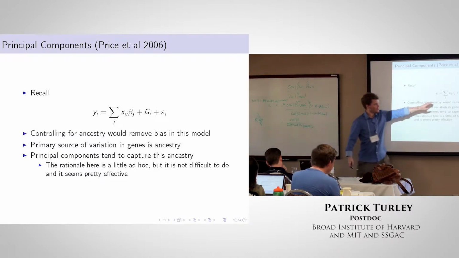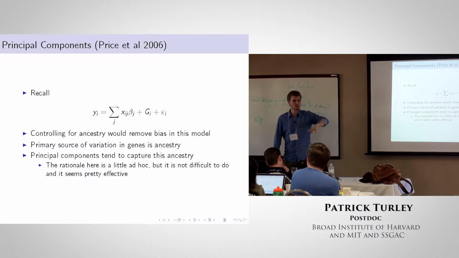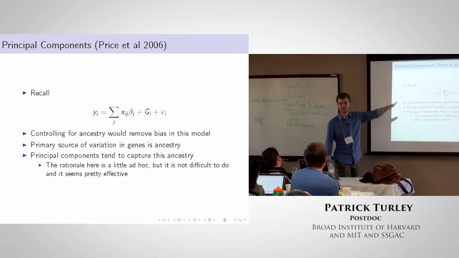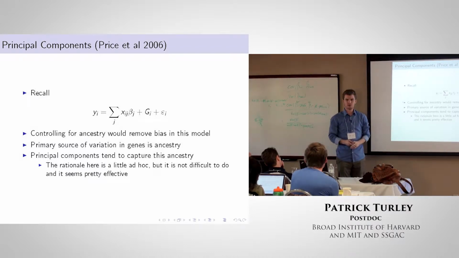So if we knew exactly what populations there were that were causing G to vary, then we could just throw in ancestry fixed effects, and it would solve our problem, kind of in the same way that restricting our sample would solve the problem.